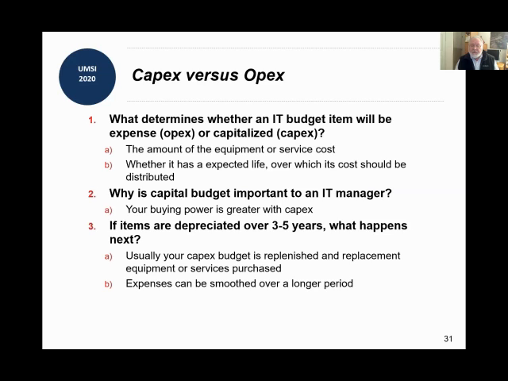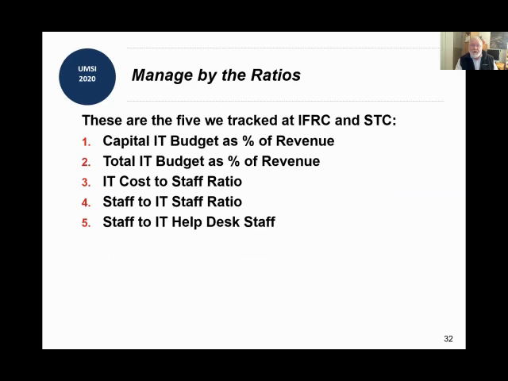And then the fact that expenses are smoothed over a longer period. So this is an important aspect of an IT manager's decision-making, understanding how the mechanics of Opex and CapEx work with respect to your hardware, software, and your projects is a key part of what you do. So, and learning about it, therefore, is a basic requirement of being an IT manager.